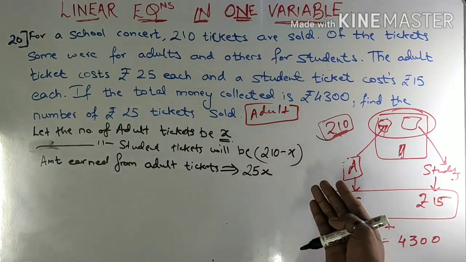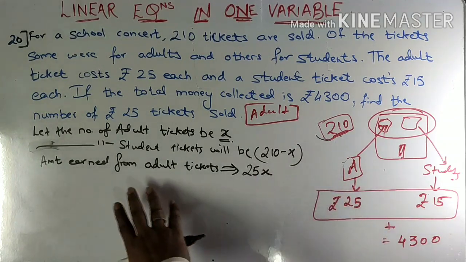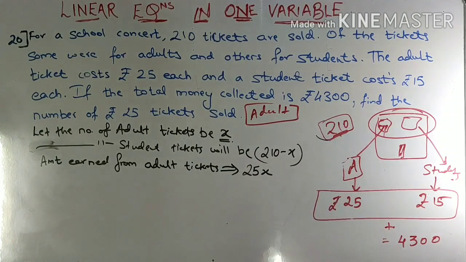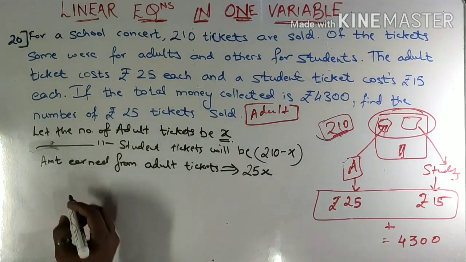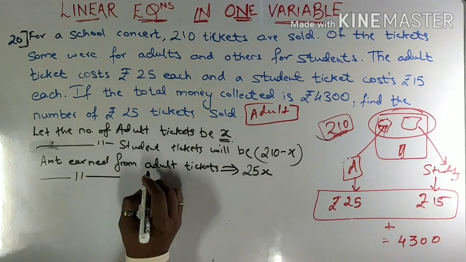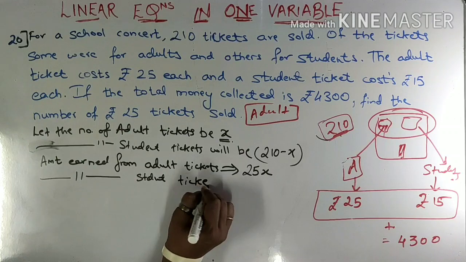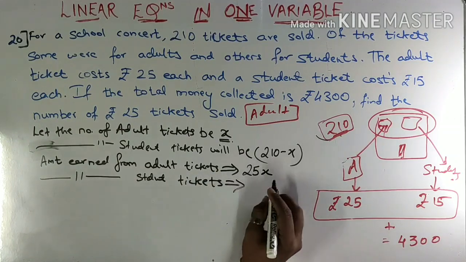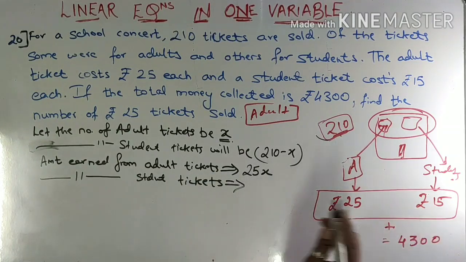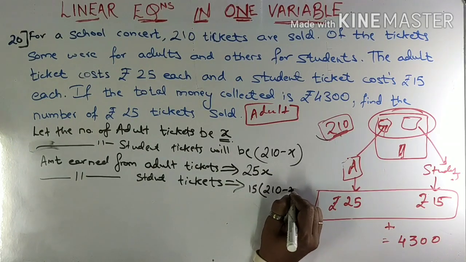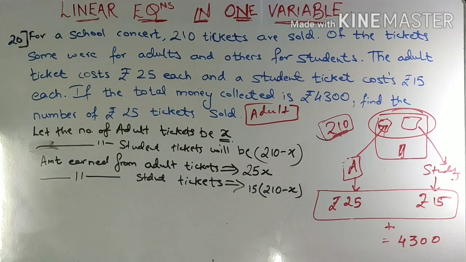If suppose there are 10 tickets sold, the amount earned from adult tickets will be 25 into 10, that is 250. In the same way, amount earned from student tickets is nothing but cost of one ticket multiplied by number of student tickets sold.